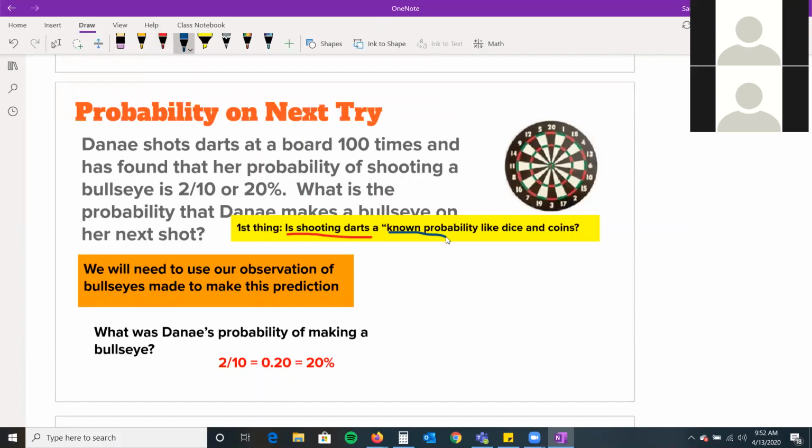Meaning, like, is there a certain probability that we can always figure out for any person, just like dice or coins? Quick fire chat. Put it in the chat. Is shooting darts gonna have a known probability?